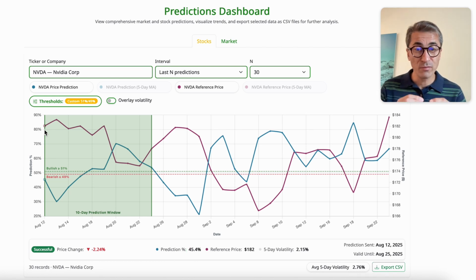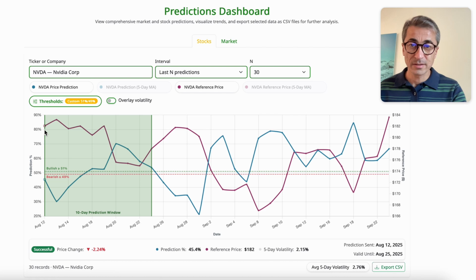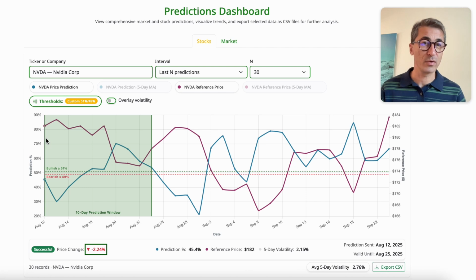And with regard to which price, the price was $182. It means that we are expecting a price decrease in the next 10 business days from this reference price starting from today. Since 10 days later the price was lower, the price actually went down by 2.24%. So this prediction was a successful one.